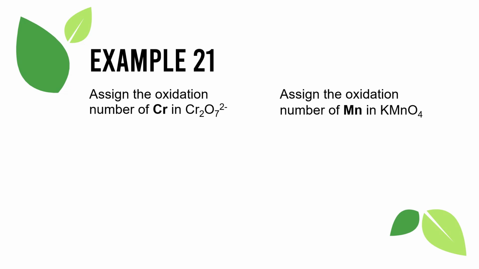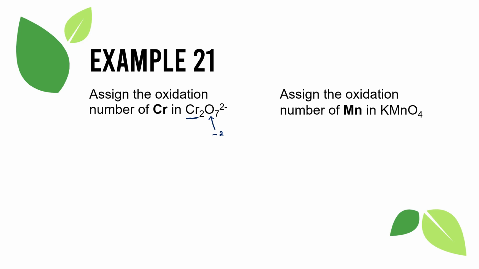Okay, now let's try this together. Assign the oxidation number of chromium in this ion. Firstly you need to identify the oxidation number of oxygen. Oxygen, when combined with other atoms, has an oxidation number of -2. And this is the one you are looking for: the oxidation number of chromium.